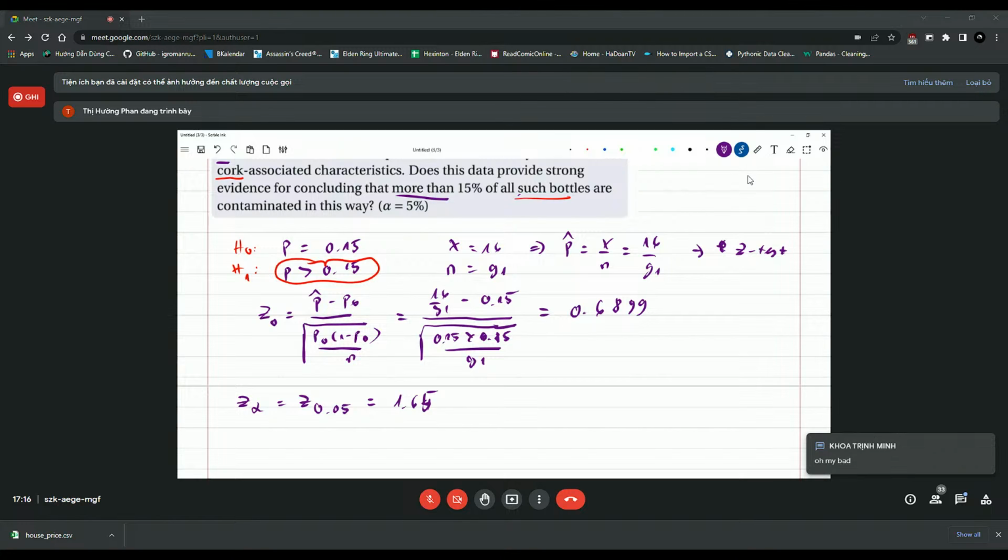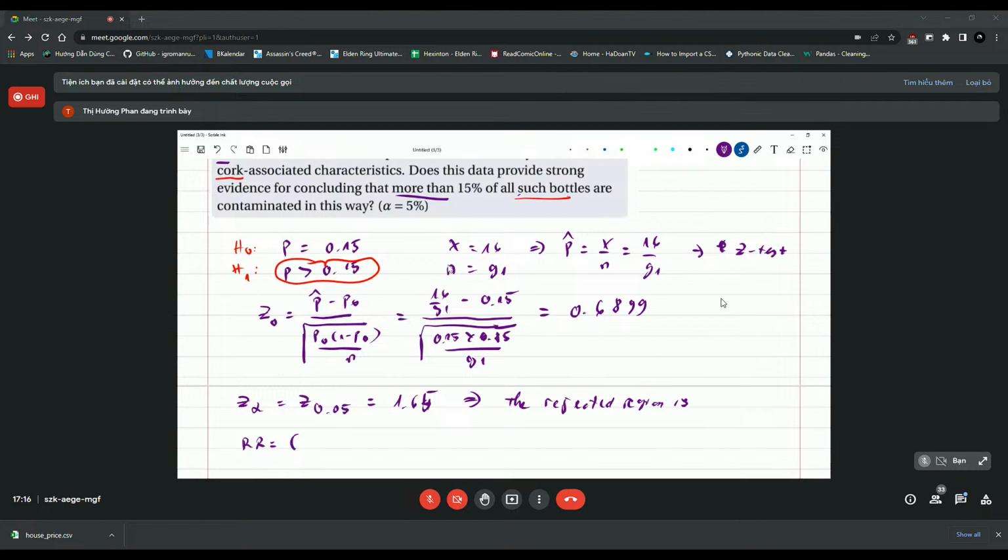Hence, we confirm that the rejection region R is, we care about p greater than p0. Hence, we reject H0 if p hat is far from p0, we care if the distance is as large as possible.